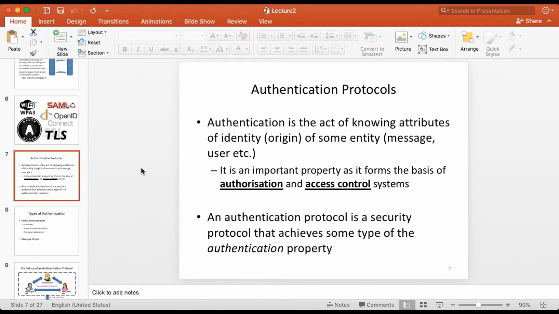And one of the most popular such security protocols is the class of protocols known as authentication protocols. So what is authentication?